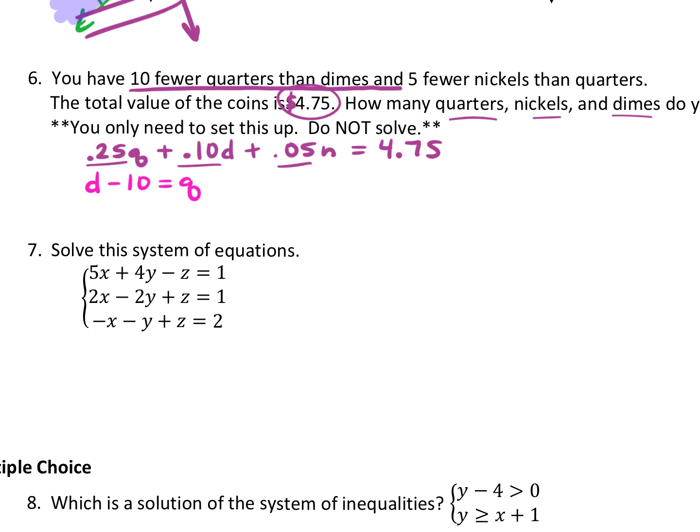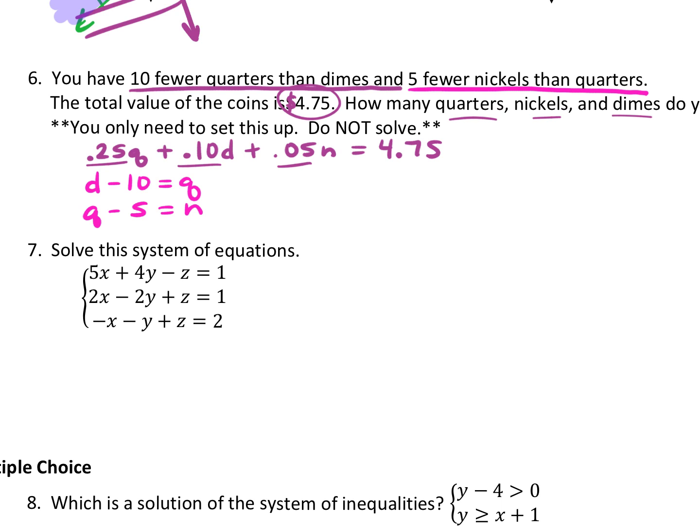You could also do D equals Q plus 10, if we move that 10 to the other side. And then the other one, 5 fewer nickels than quarters. So quarters minus 5 would equal the amount of nickels you have. So that would be your setup for that. You don't need to solve it. You just have to set it up. So there's your setup. Call it good.